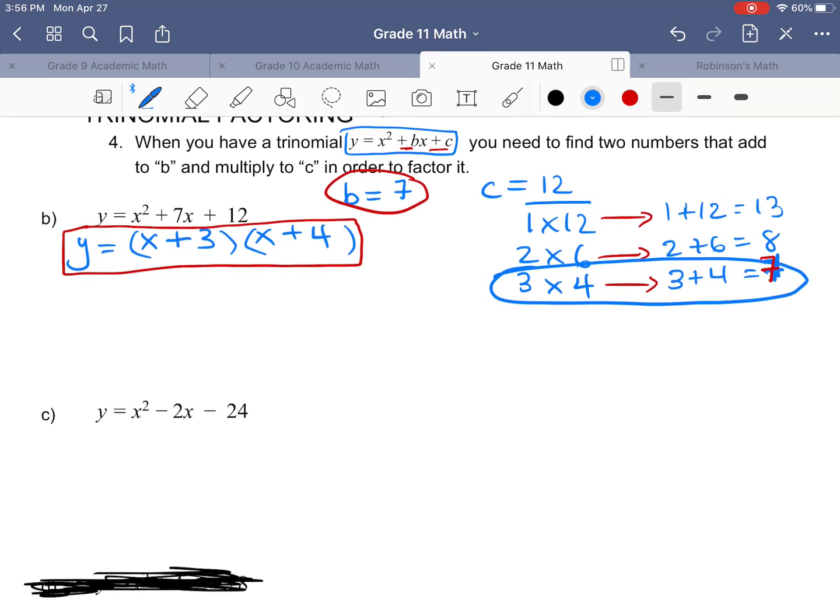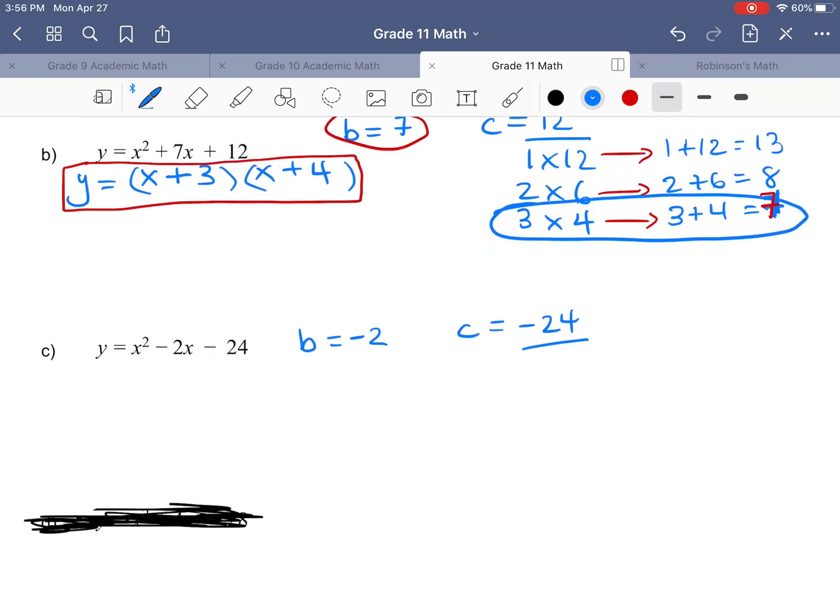So we have y is equal to x squared minus 2x minus 24. B is equal to negative 2, and C is equal to negative 24. So we're going to take that negative 24 and make a list of numbers that multiply together to give us negative 24. Now I like to start with my whole list having just positive numbers, and then we're going to play around with the negative sign afterwards.